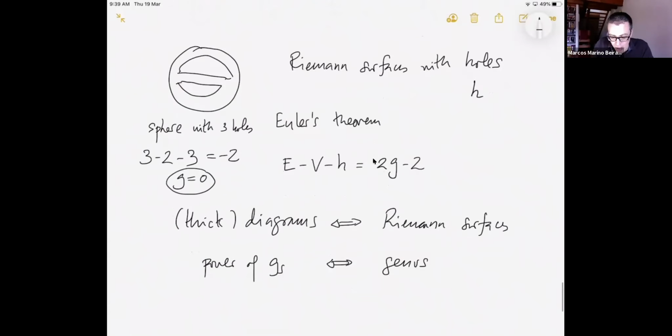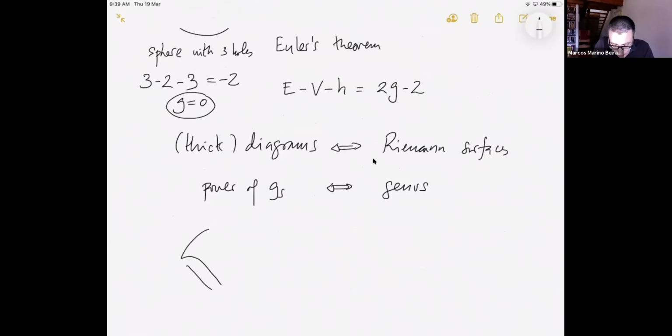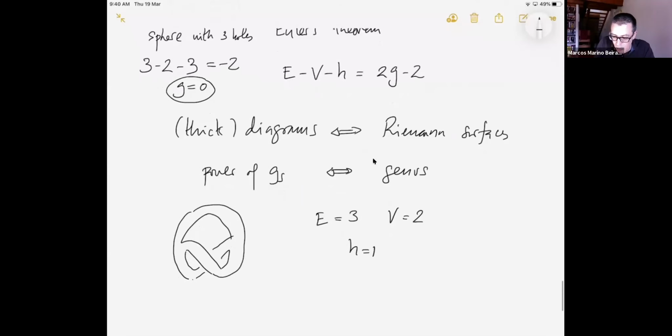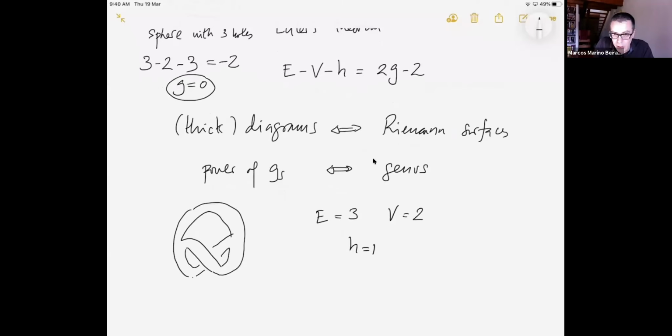Now, if you do this counting, that's now the most interesting thing. If you do the counting for this other surface, here e is equal to 3 again, v is equal to 2 again, but then h is equal to 1. So if you now use Euler's relation, you get 3 minus 2 minus 1, and this is 0. So this means that this is a surface of genus 1.